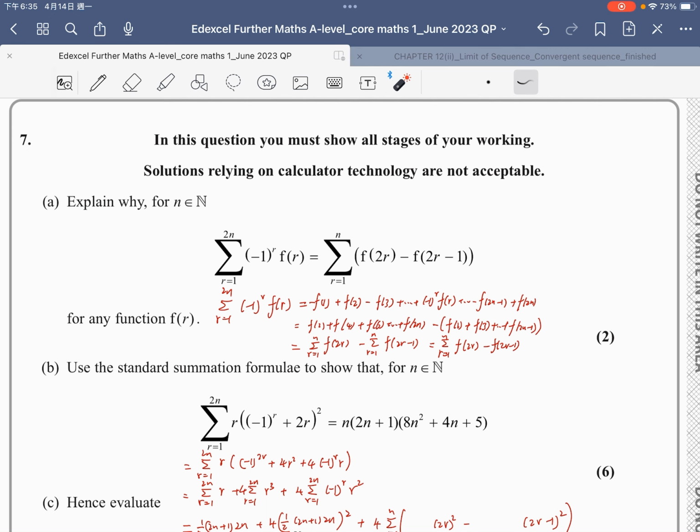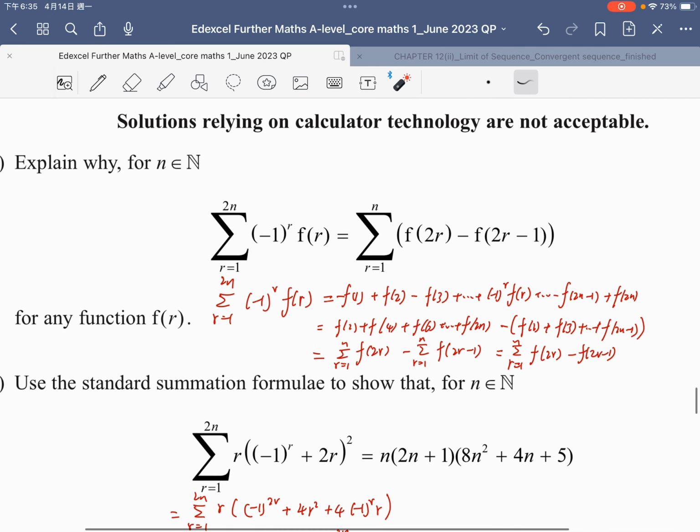Here I try to expand this one. The first term is negative f1, the second is positive f2, the third one is negative f3, and the general term is negative 1 to the power r times f(r).